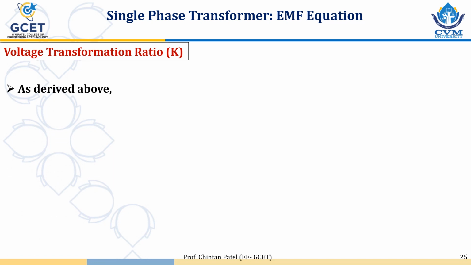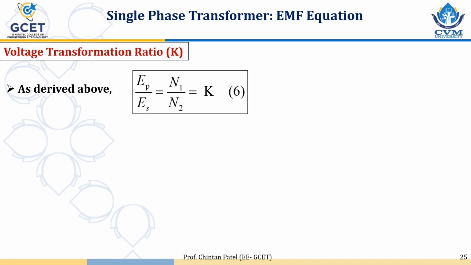As derived above, Ep upon Es is equal to N1 upon N2 is equal to K. This is nothing but the ratio of primary turns to secondary turns, N1 upon N2, or the ratio of primary winding induced EMF to secondary winding induced EMF, Ep upon Es, primary voltage to secondary voltage.